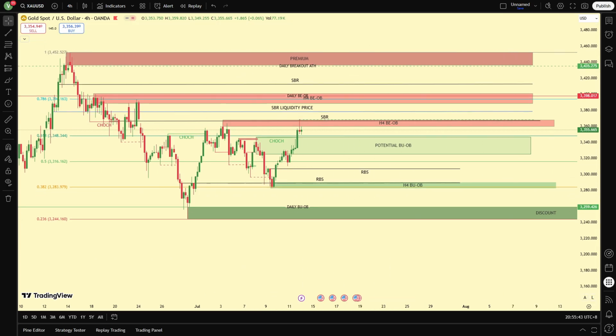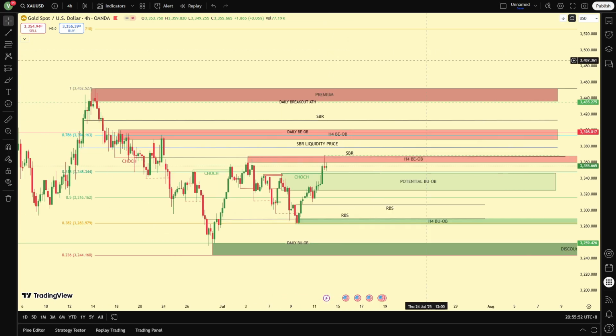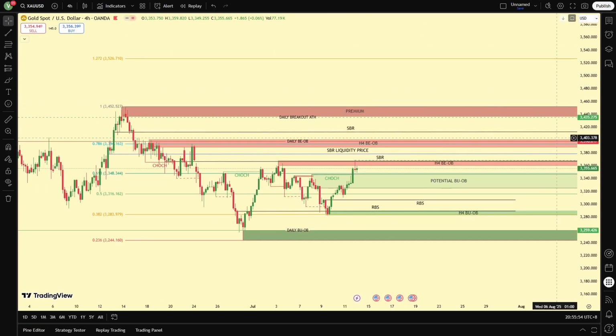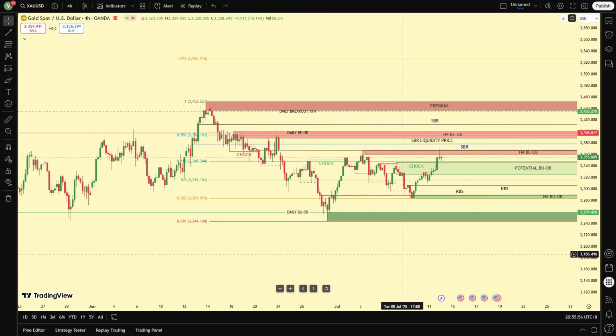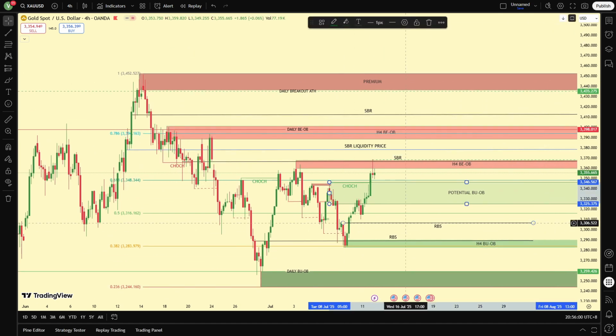So what it actually means is we're going to see a retest into this area over here, and it could be a potential bullish momentum starting right now. All right, because right here we have a change of character, an internal change of character.